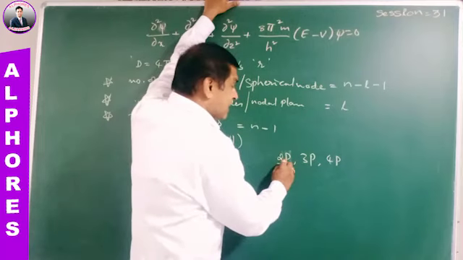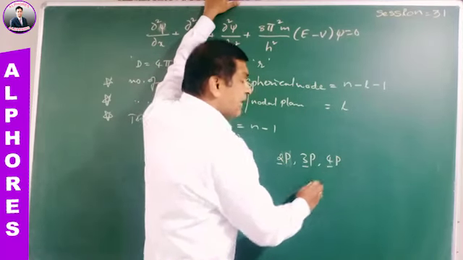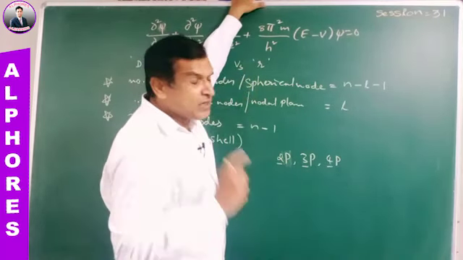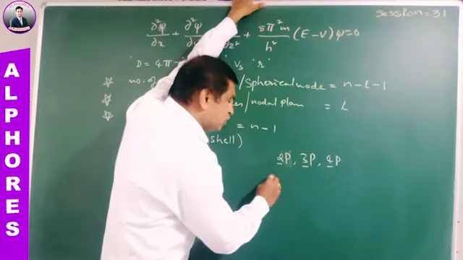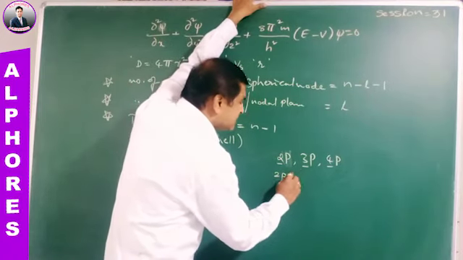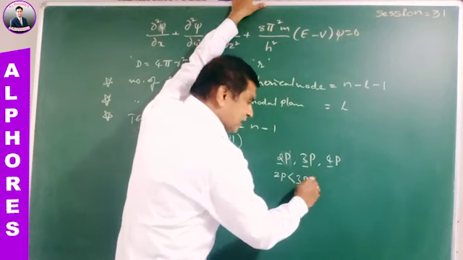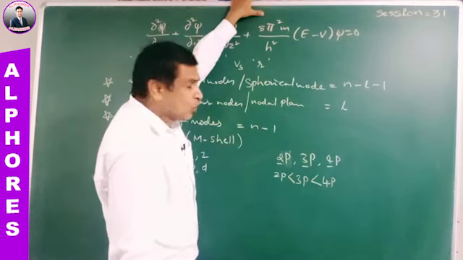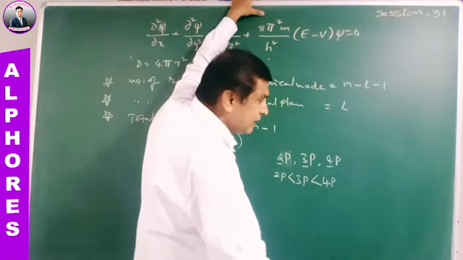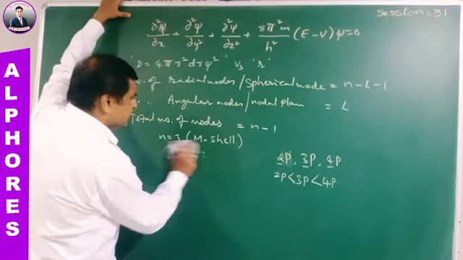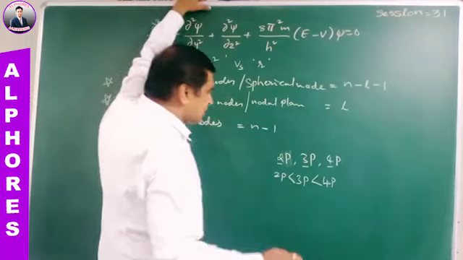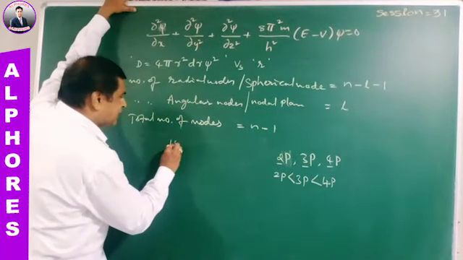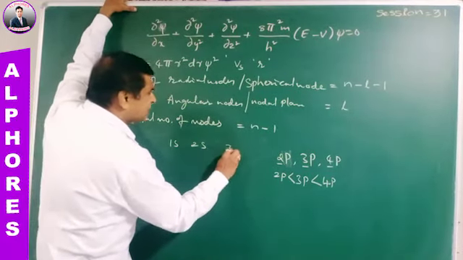Now as the principal quantum number, as n value increases, energy increases. That means the energy of the 2p orbital is less than the 3p orbital, less than the 4p orbital. You should remember that. For example, take s orbitals: 1s, 2s and 3s.